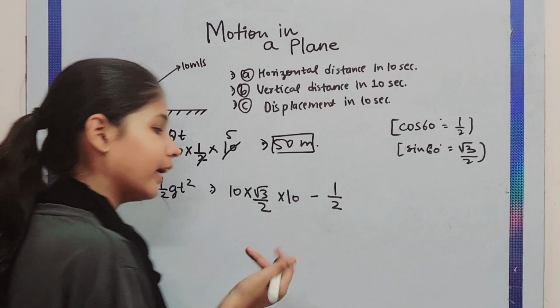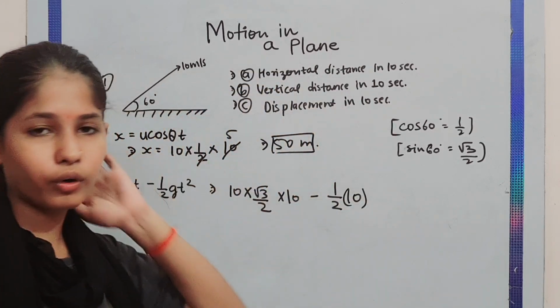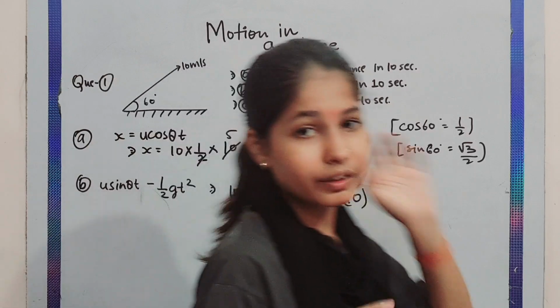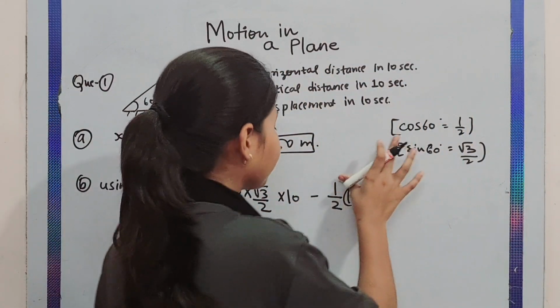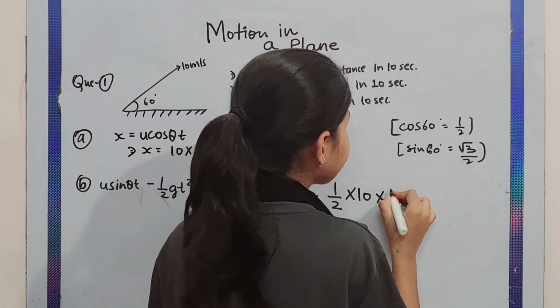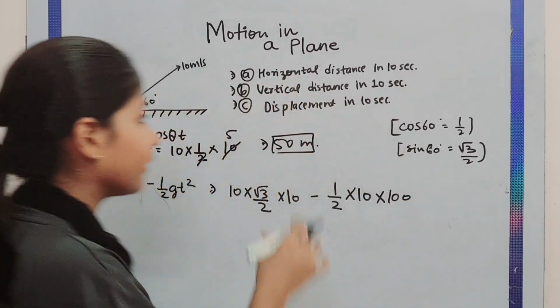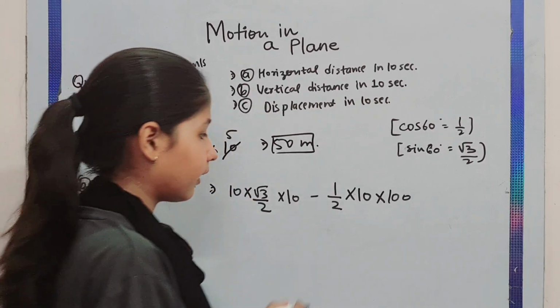Acceleration due to gravity. It will be simply 10. It is 9.8, but here simply what you have to do is use the value if it is given in your question, or if it is not given, you can put the value 10. And t is 10 seconds, but t square is 100.